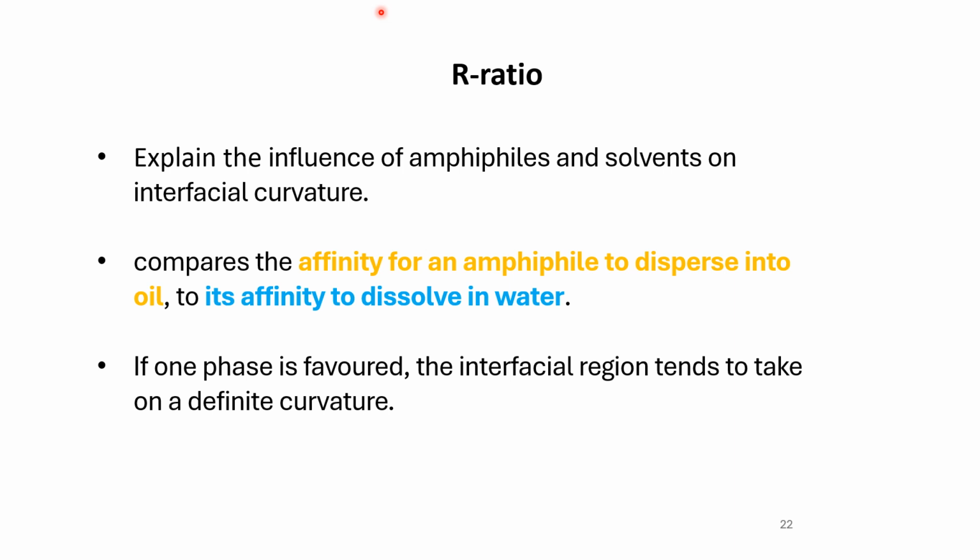Therefore, the R ratio compares the tendency for an amphiphile to disperse in the oil to its tendency to dissolve in the water. If one phase is much more favorable for the surfactant, then the interfacial region tends to keep a definite curvature.